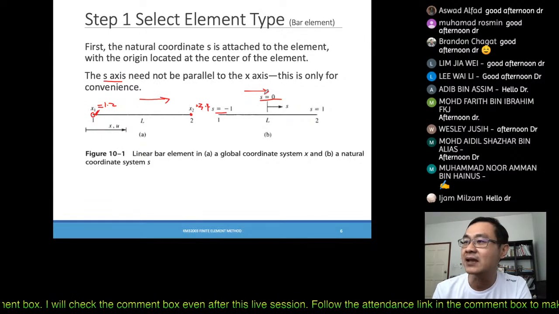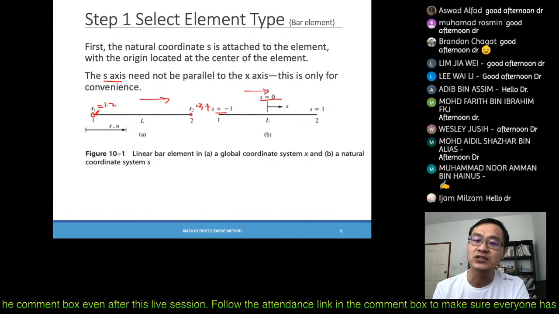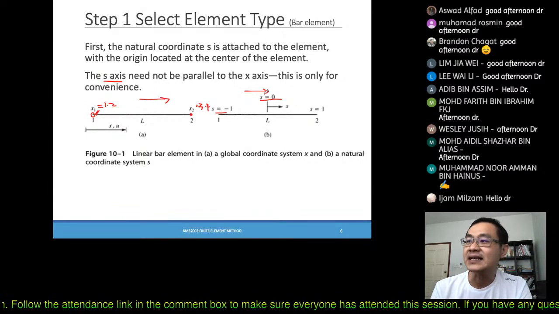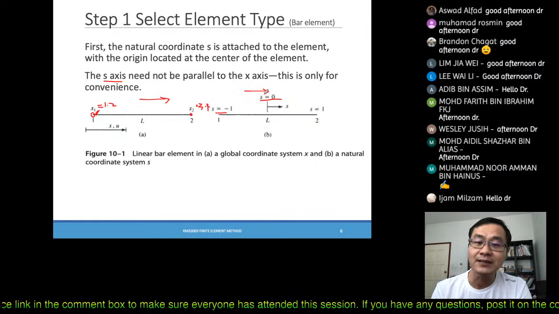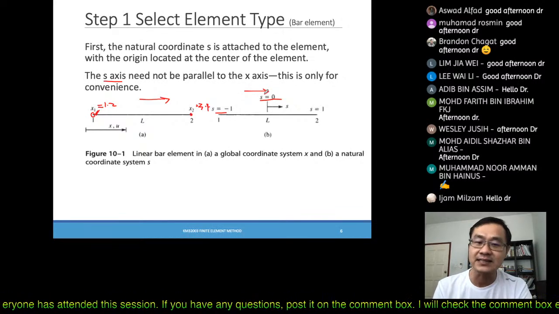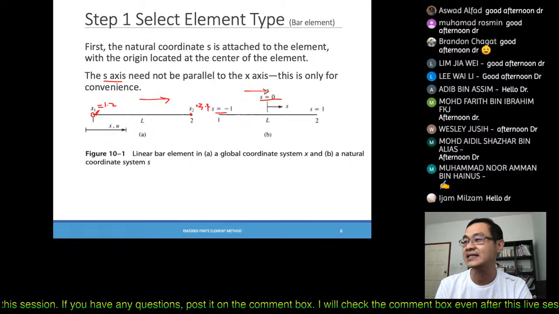It may not be obvious, but later we will see another Q4 example where the s-axis is not necessarily parallel to the x-axis.